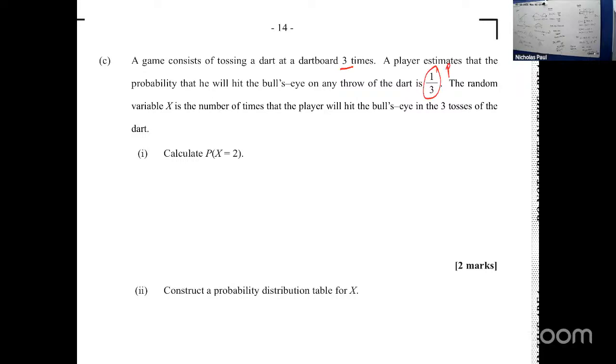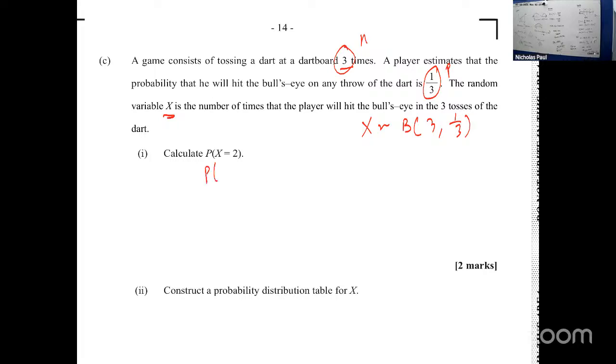X is the number of times he hits the bullseye, and it's thrown 3 times, so we know n. So always give them a distribution. X follows a binomial with n equal to 3 and p equal to 1/3. Pay attention to the small little things, right? 1/3 is to hit the bullseye. Make sure when you define X, X has to be hitting the bullseye, right? Don't get tricky and put not hit.